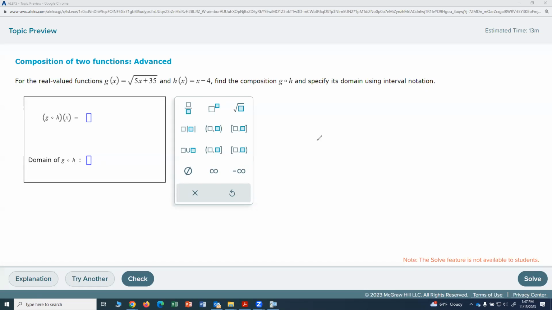So I'll have g of h of x, which is the square root of 5, and instead of an x, I'm going to write x minus 4, plus 35. I want to simplify that, so I'll get the square root of 5x minus 20 plus 35, so the square root of 5x plus 15.